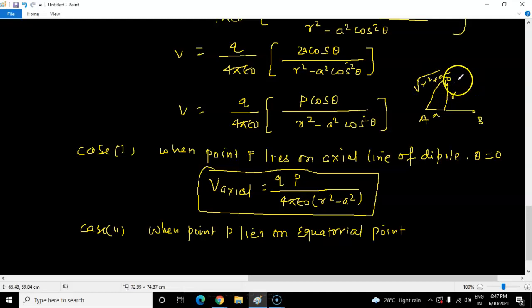Right. So theta becomes 90 degrees at that time. So cos 90 is what? 0. Right. Cos 90 is 0. So V will be equal to 0 at the equatorial point.